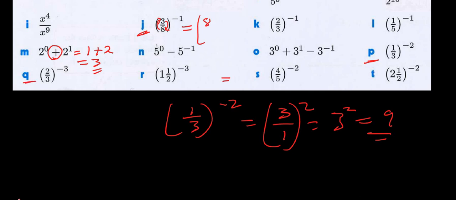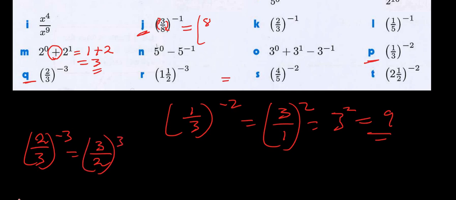Question Q, we have 2 over 3 exponent negative 3. Just take the reciprocal of 2 over 3, and that becomes 3 over 2. Then change the exponent to positive. Now distribute the 3 into the numerator and denominator, so 3 exponent 3 over 2 exponent 3.